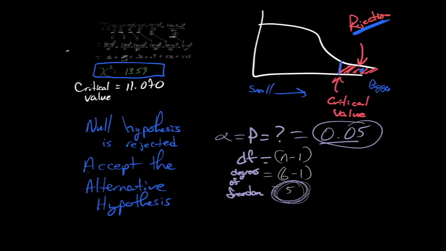The null hypothesis is the idea that the difference between what you expected and what you observed is just due to randomness. When the chi-square is bigger than your critical value, you say it's not due to randomness.